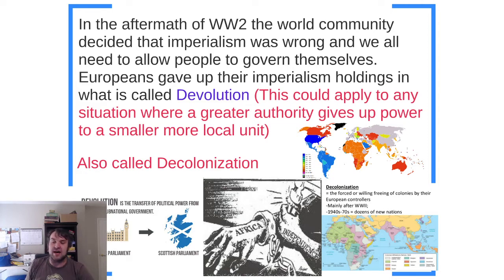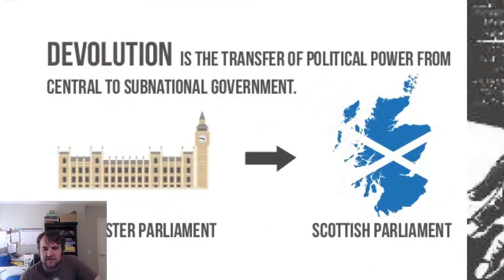Like the Quebecois, they want French to be the official language of their part of Canada. The rest of Canada is sort of like, well, okay, we'll make the whole country both English and French. So that's what devolution's all about. Devolution is especially happening in the United Kingdom. I know that the Scottish people are really upset at the English, so the government in London is now giving Scotland some more freedoms and some more of their own laws and options they can do in their part of the country. So there we go. Devolution.